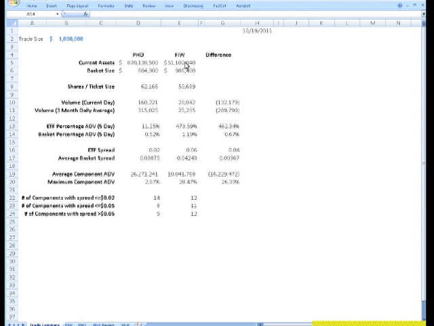Of course, if you're talking about the difference between something trading 3 cents and something trading a penny, probably not going to get anything on that, right? But again, if you like a fund, you like its profile, make the trade.